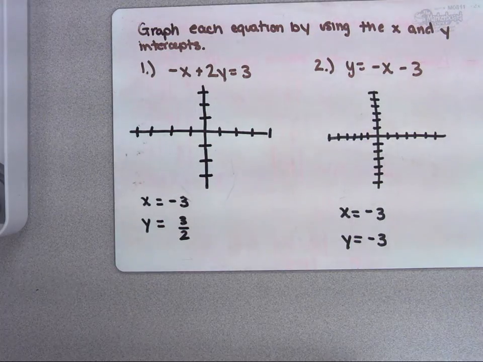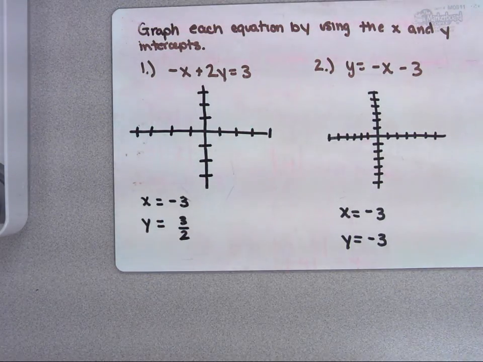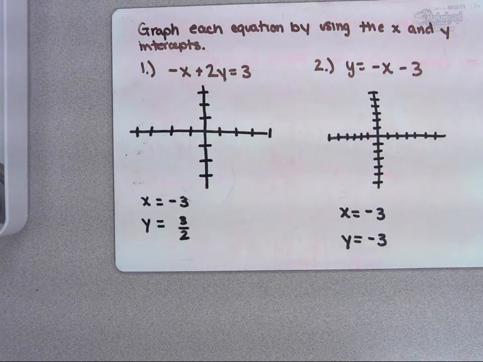Michelle, did you get an x-intercept for number 1? Okay. Do we all get -3 for number 1? Do we get a y-intercept for number 1? Is it a fraction or a decimal? Jace, what'd you get?